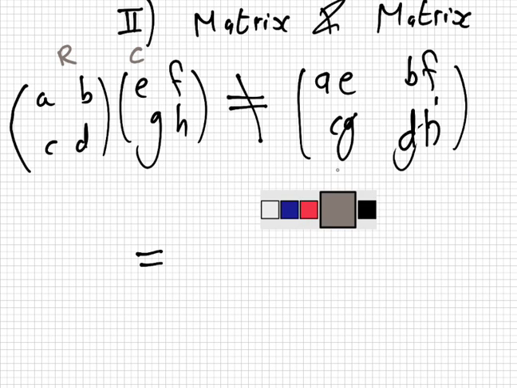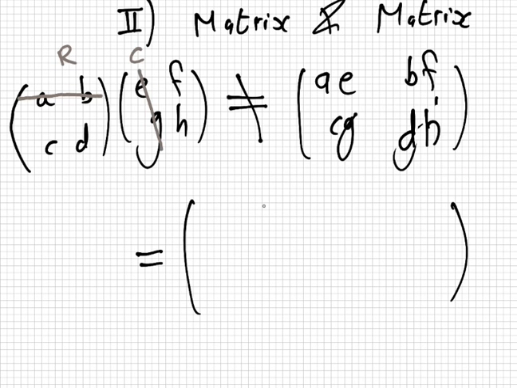Okay, so how do we multiply? What we do is we take the first row and we multiply it by the first column. So I'll put that in grey. That would be AE plus BG. So we go AE plus BG. And that's just the first number.